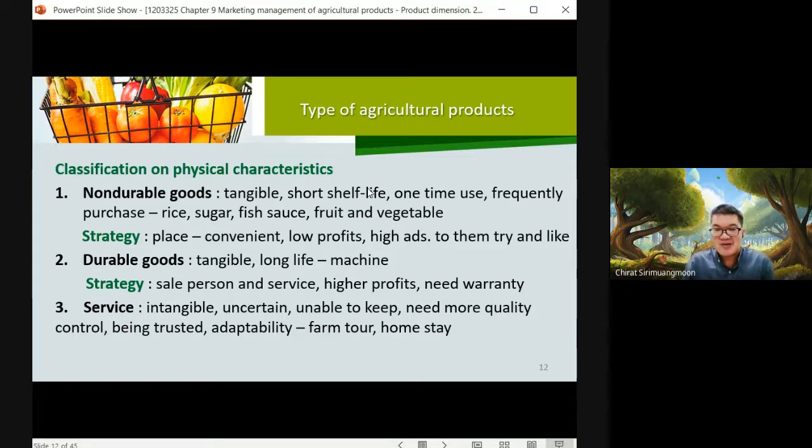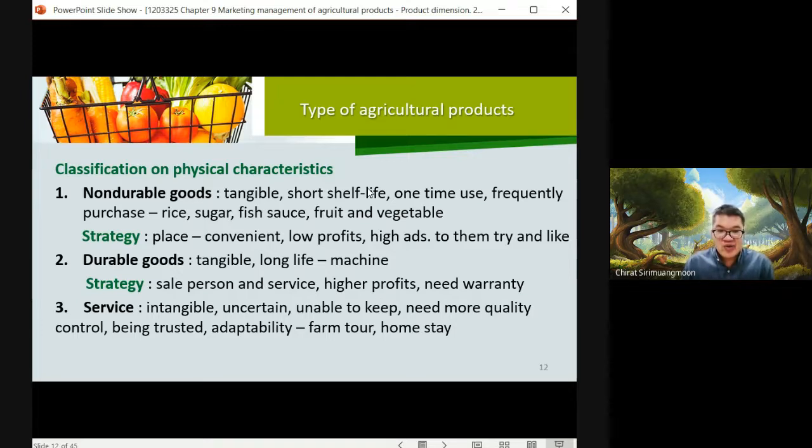It has low profit, so you can set the price at a low level. Of course, you need to draw attention. You need to make it easy to purchase. So you need to set this low. And you can do high advertising, like have a campaign, have a promotion in this way. Of course, you need to make the consumer try and like your products. So this is for non-durable.